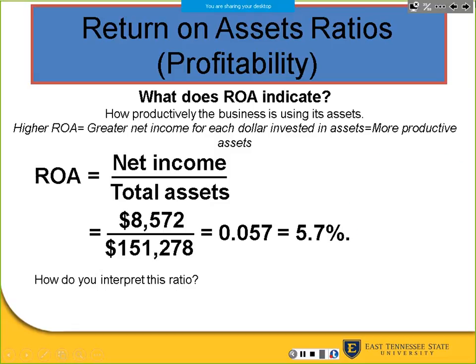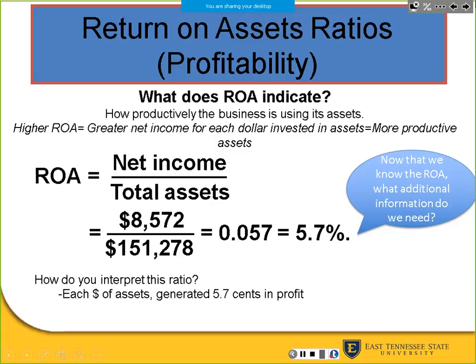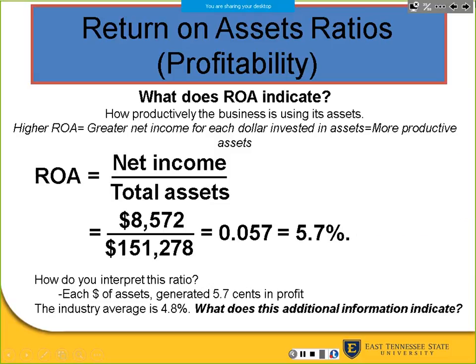Now, what does this mean, or how are we going to interpret it? For each dollar of assets that we're bringing in, each dollar of assets is going to generate almost 6 cents in profit for us. And of course, now we need the industry average. So the industry average is 4.8%. So what is that going to tell us, or what is that going to indicate? We have really good control of our expenses, right?